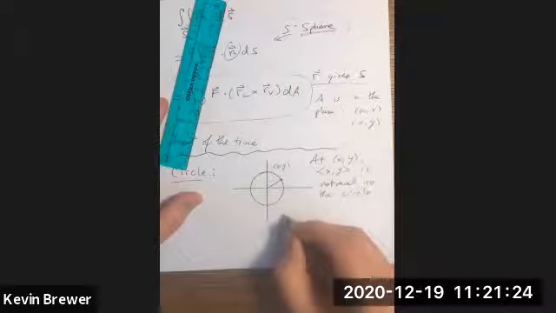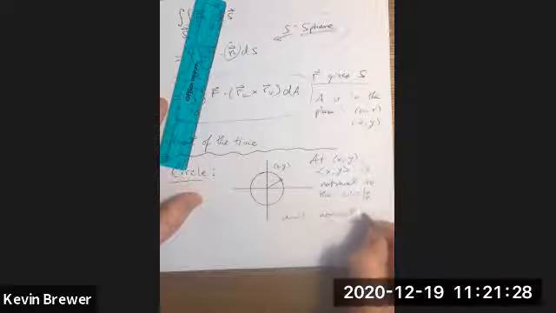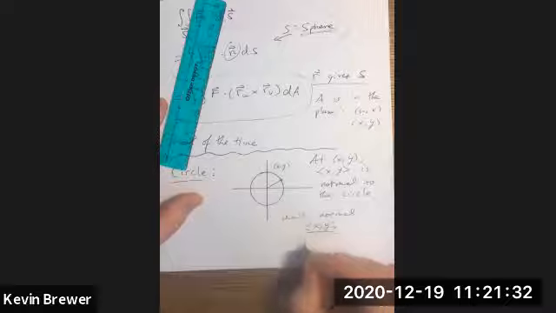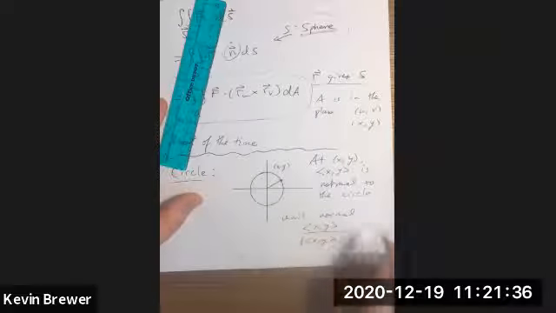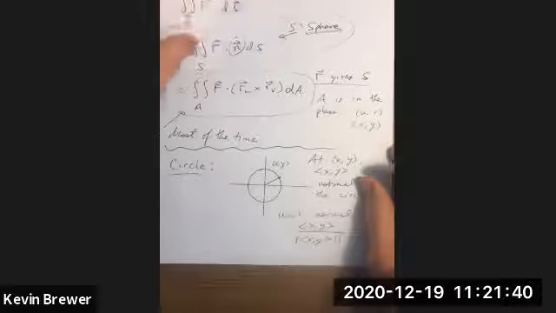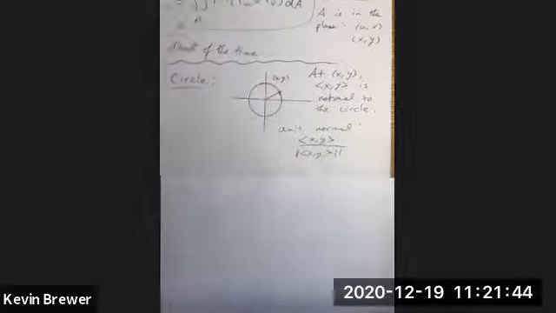And of course, the unit normal would then just be (x, y) over the magnitude of (x, y). Well, the case for a sphere is along those lines.